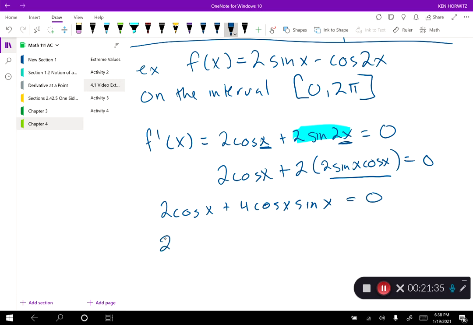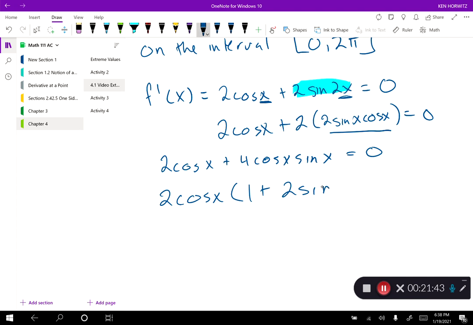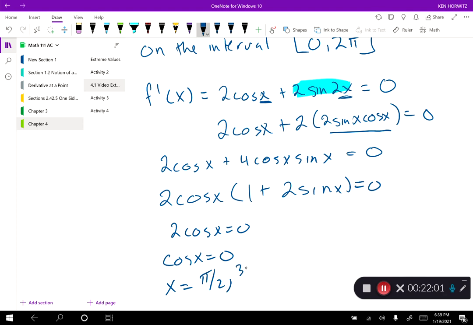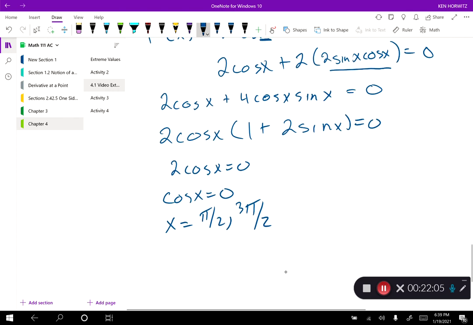So now I can factor out a 2 cosine x, and I'm left with 1 plus 2 sine x equals 0. So I have 2 cosine x equals 0, which is basically cosine x equals 0. So x either equals pi over 2 or 3 pi over 2. Scroll up so I can get a little more space.